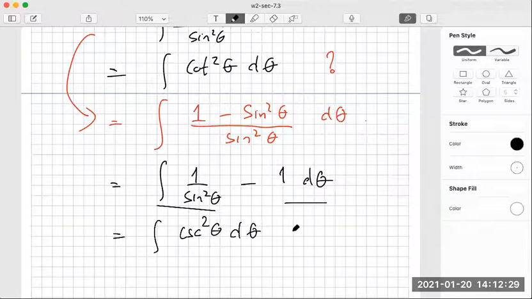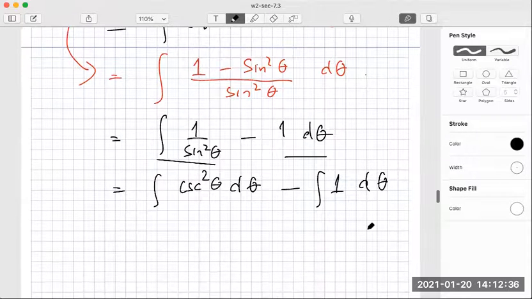Then we have cosecant square d theta minus 1 d theta here, right? And we know that the derivative of cotangent is negative cosecant square. Therefore, the antiderivative of cosecant square is negative cotangent theta.